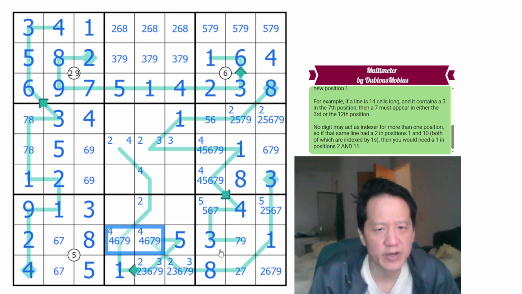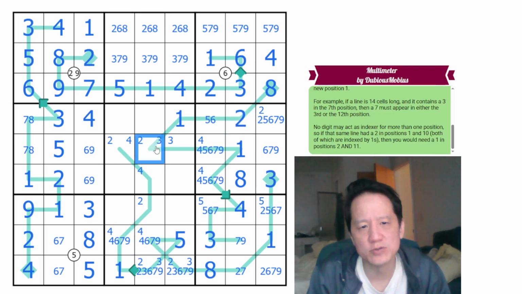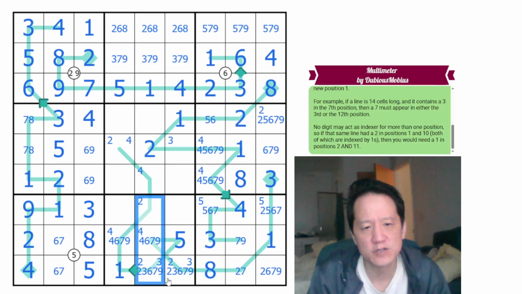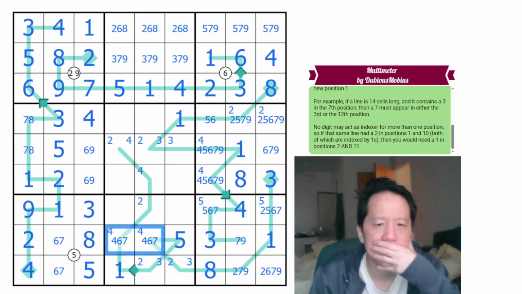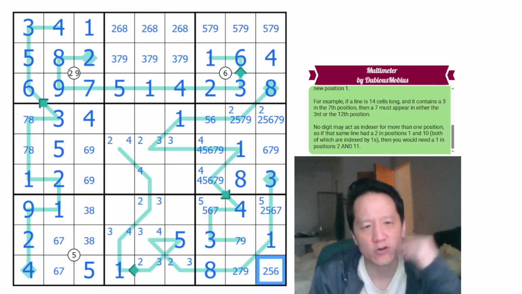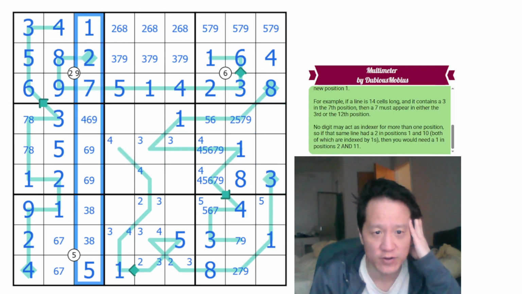That's a little problematic. So that implies this has to be 2 and this is 2, right? Which means none of these can be 2, which means this has to be 2, but then this would be 3. So this would have to be 9, but that's not allowed. Huh. I must have messed up somewhere earlier. Oh man, that's gonna be a pain though to try to figure out.